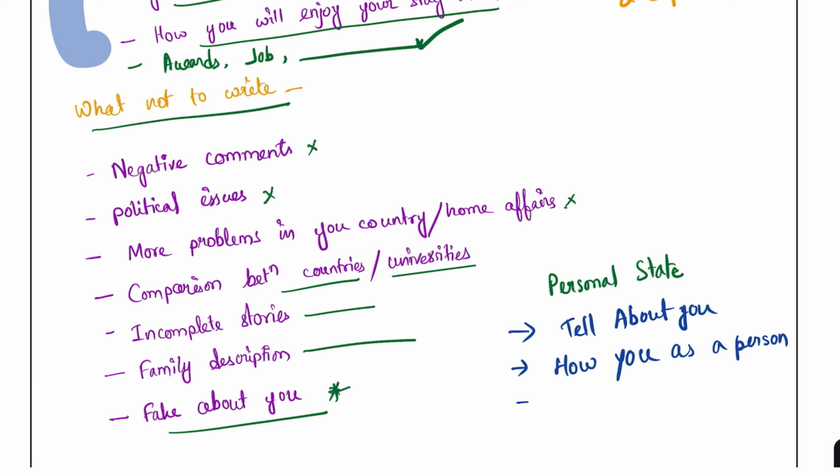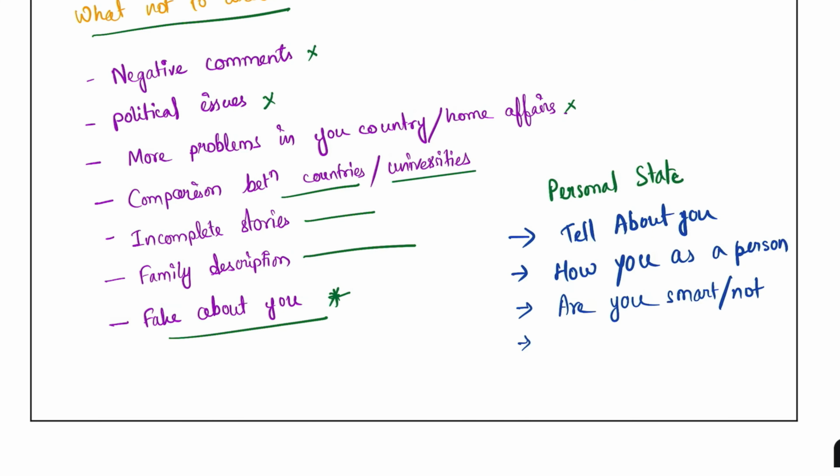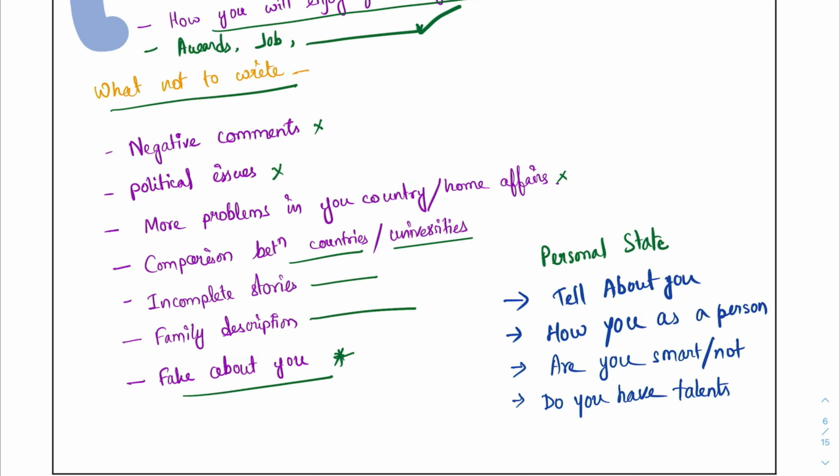You will meet friends, be social, and be always helpful and kind to everyone. Whether you are smart or not, whether you have talents or not, and whether you have the capacity to gain more knowledge, they will catch it from your words. So be sure what you are writing.